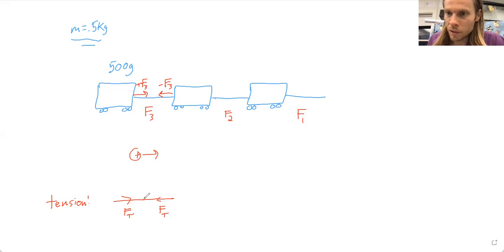And that should make sense because if these weren't equal, then the rope would move because the net force in the reference frame of the rope must be 0. Otherwise, the rope wouldn't stay as it is. Meaning if you were pulling more on one side, it would stretch or it would compress, but the rope stays as it is. So it's the same on both sides.